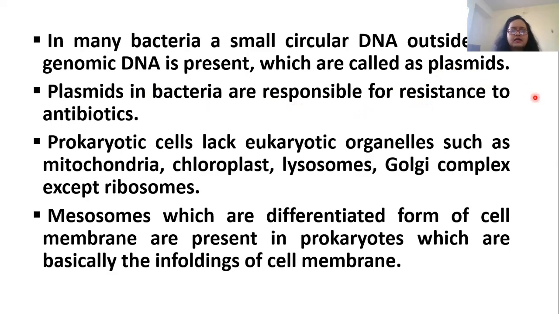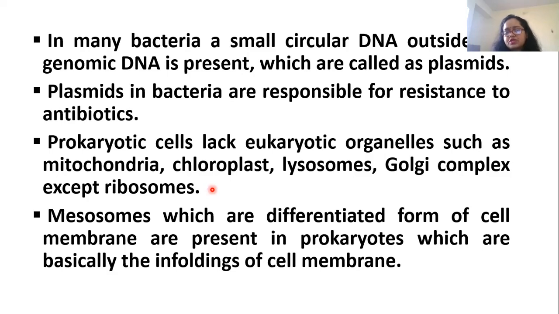Prokaryotic cells lack eukaryotic organelles such as mitochondria, chloroplasts, lysosomes, Golgi complex, except ribosomes. What does it mean? In prokaryotic cells, other well-defined subcellular organelles such as mitochondria, chloroplasts, lysosomes, and Golgi complex are absent.